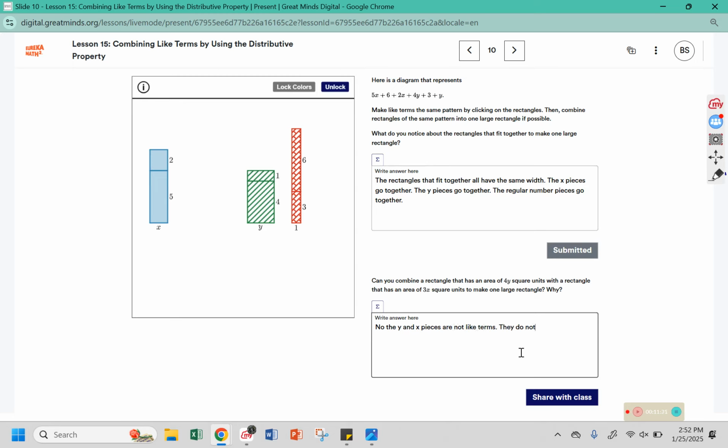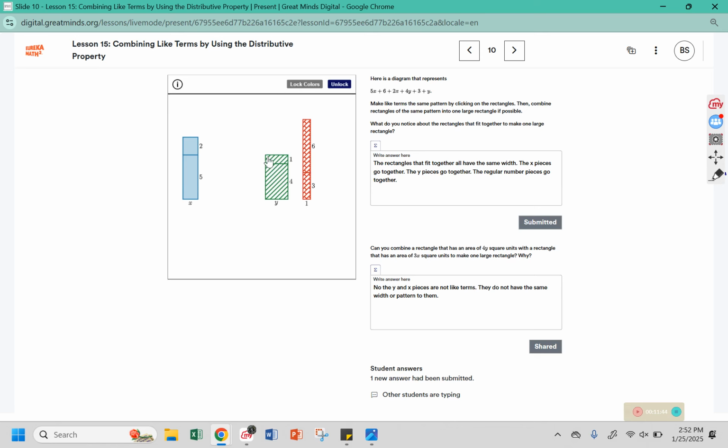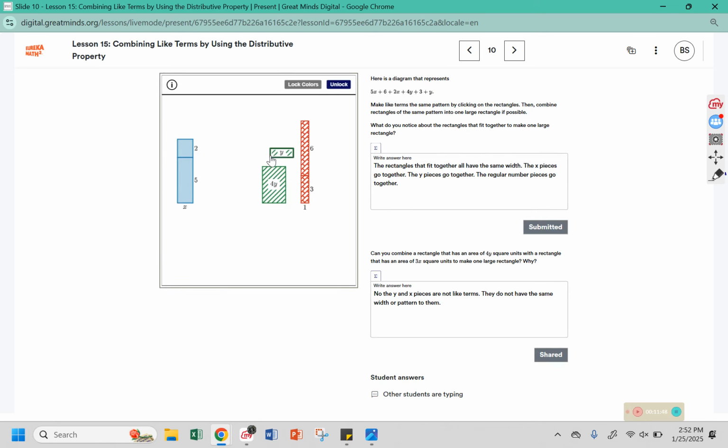They do not have the same width or pattern to them. Just like we tried to combine the y with the x here, you can see they're not the same type.